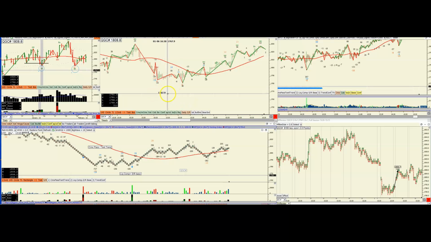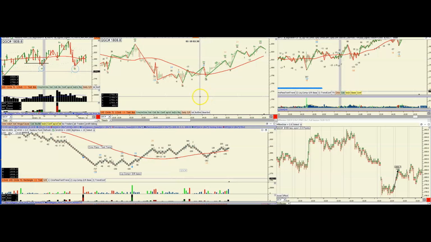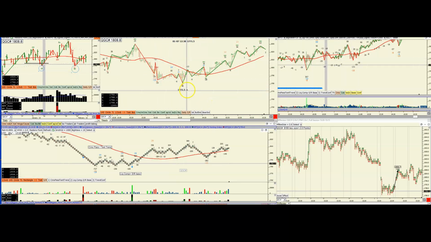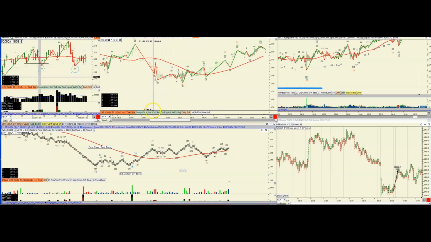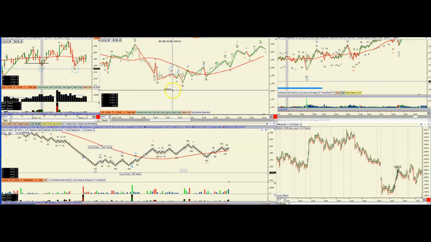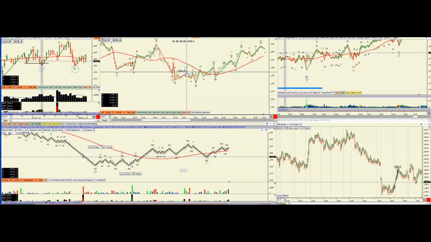Okay, well, you see here it starts going sideways, and what you're going to notice is volume increases on the up wave. Not only does volume increase on the up wave with a 50, but this 50 is bigger than the last 14 up waves.